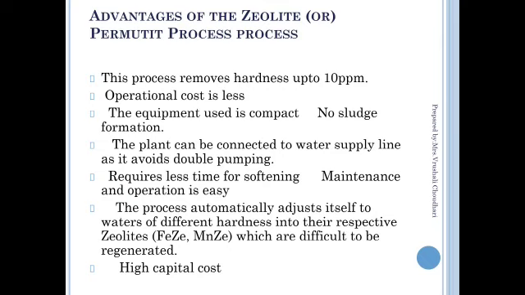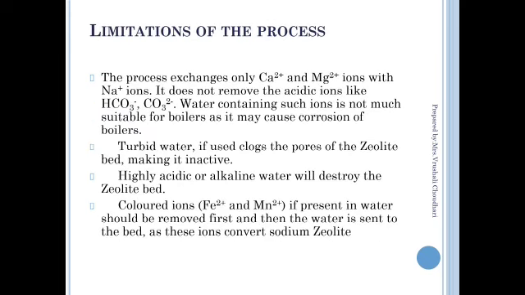It requires less time for softening, and maintenance and operation are easy. The process automatically adjusts itself to water of different hardness. Exhausted zeolite is difficult to regenerate when iron or manganese are present, and the cost is high. What are the limitations of the zeolite process?